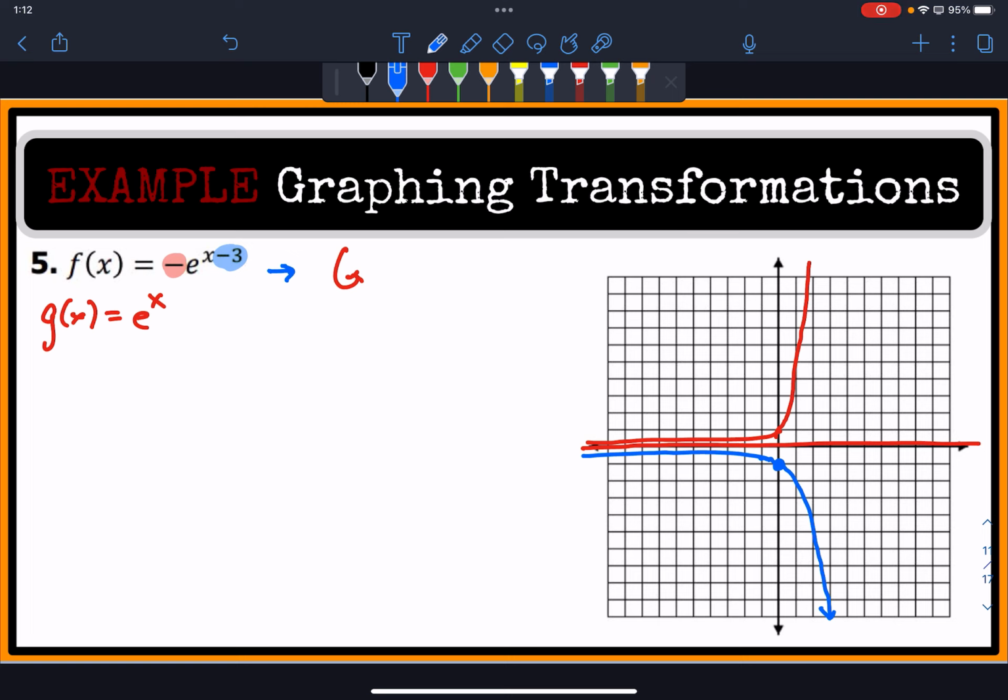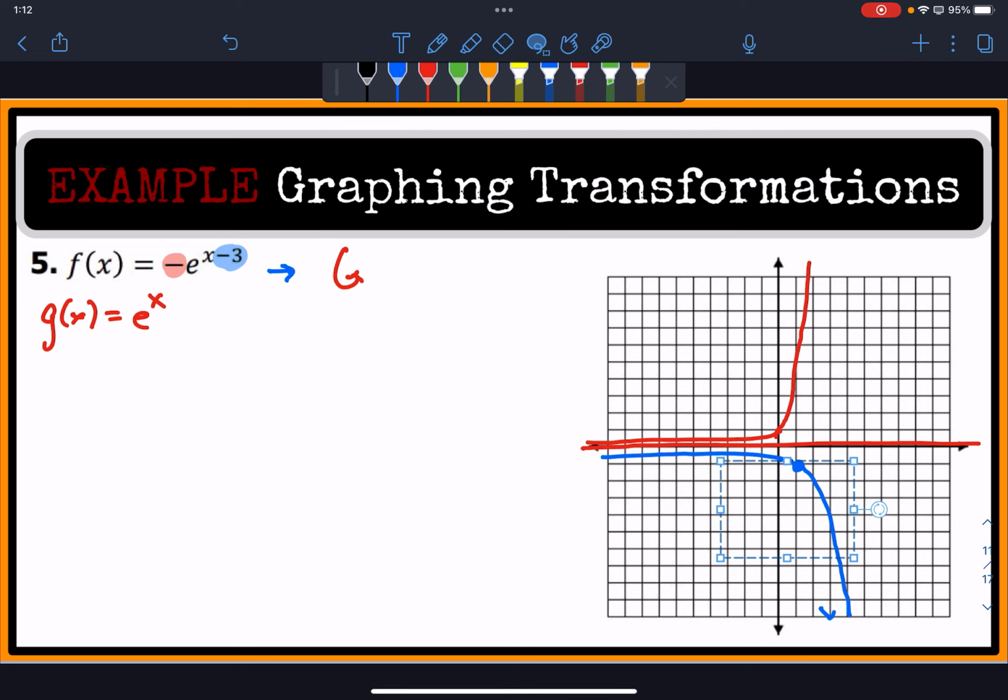Now, shifting the graph over 3 units just simply means I need to move this point along with everything else 3 units to the right. So 1, 2, and 3. So I need to move this point to that location right there. So I'm going to do exactly that. I can grab the entire thing and just simply drag it.